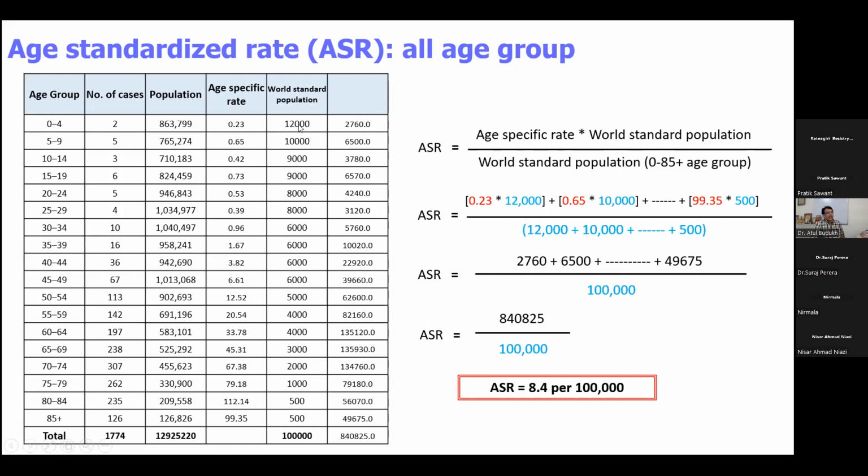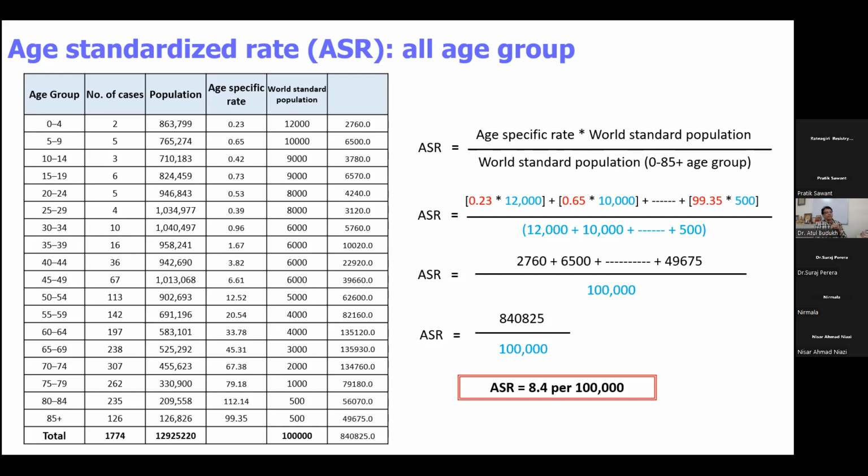Then we multiply age specific rate with the world standard population, and the addition of all this is the age standardized rate. So the purpose of multiplying by world standard population is to dilute the effect of age. Once you multiply for both registry A as well as registry B, you will get the age standardized rate of population A as well as of population B, and you can compare it. Is it clear?